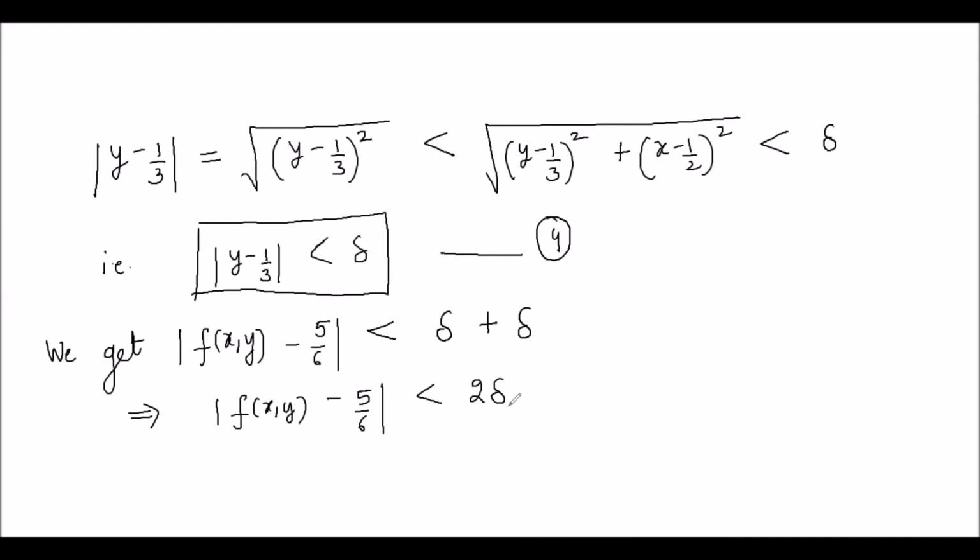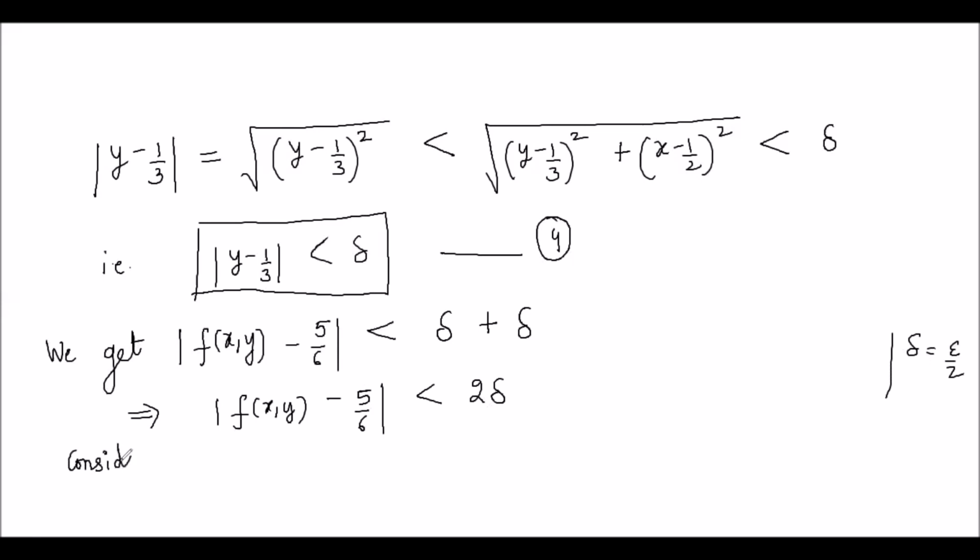Now, if we consider delta as epsilon by 2, then this 2 delta will become epsilon, and we get how epsilon and delta are related.